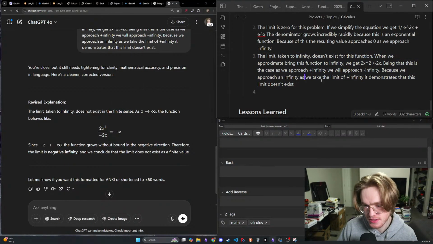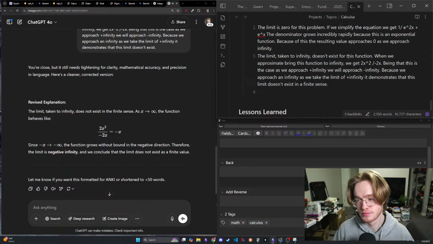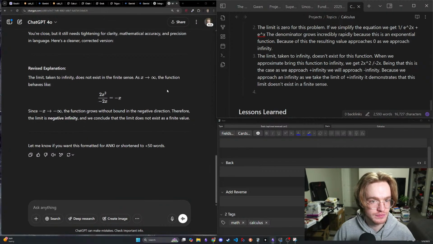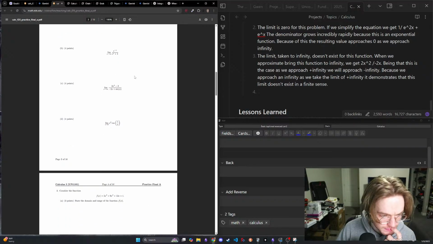In a finite sense, okay. Perfect. And because the range of sine is from -1 to 1, this is just going to have an inconsequential effect on the nature of the denominator.